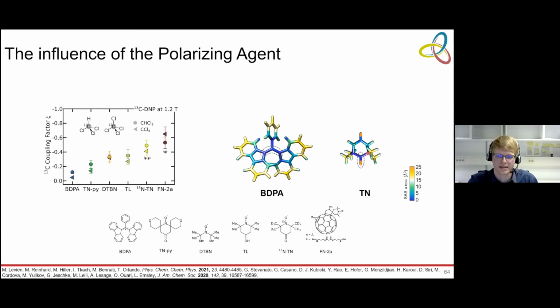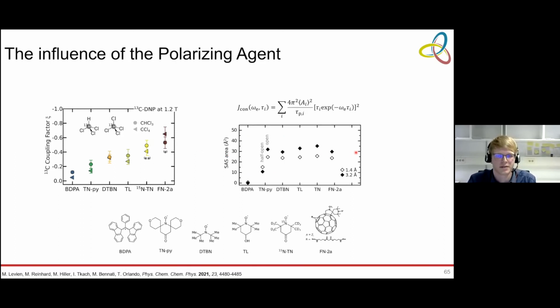What you can see is that the oxygen of the nitroxide is highly accessible. Whereas if we compare this to BDPA, we see that the position of highest spin density is actually quite buried. So apparently not only does the spin density have to be accessible, it also needs to be localized, or vice versa. If we do this now for all the radicals, we see that the correlation is rather good.